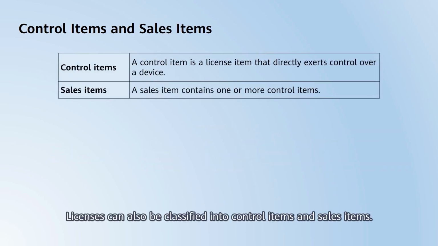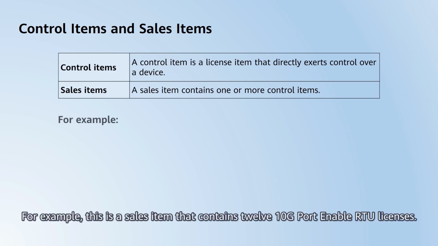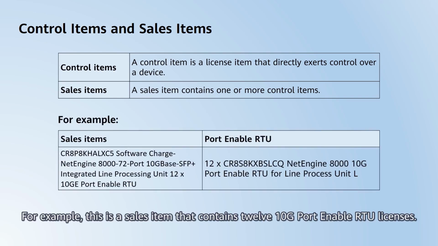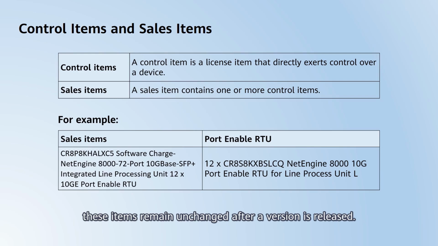Licenses can also be classified into control items and sales items. A control item directly controls the device, whereas a sales item contains one or more control items. For example, this is a sales item that contains 12 10G port-enable RTU licenses. Because the system software package must be modified before control items can be added, these items remain unchanged after a version is released.